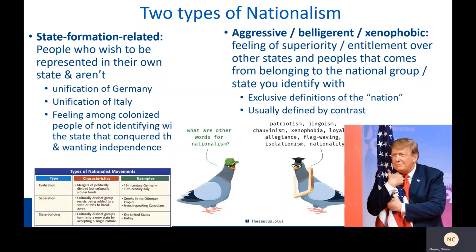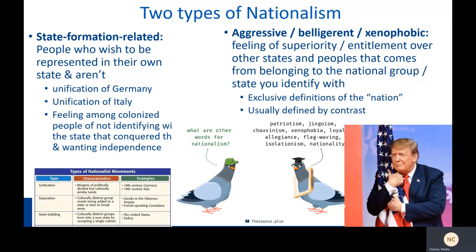To be perfectly frank, Donald Trump is a wonderful example of this kind of aggressive, exclusive nationalism. This type of nationalism usually defines the nation very exclusively, so only referring to one limited group of people, in his case, white people. And it's usually defined by contrast.